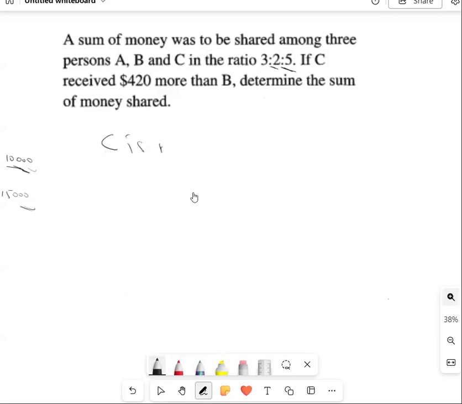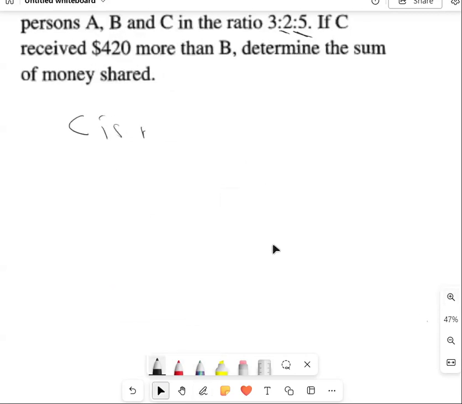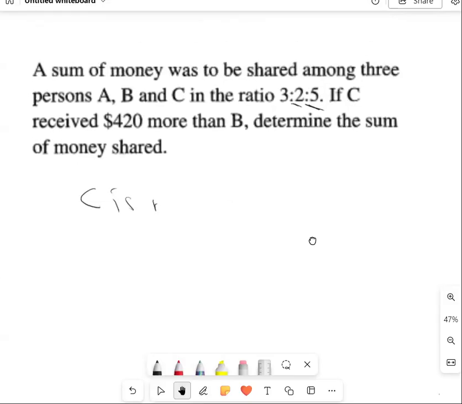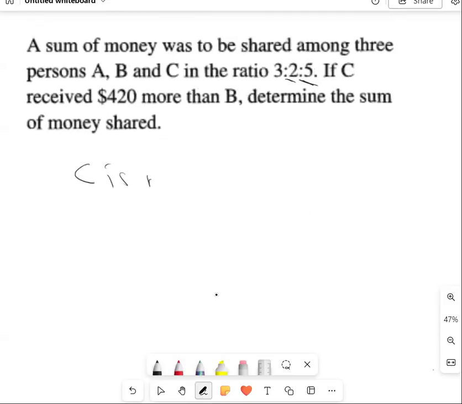So what we are seeing from the information, C is receiving 3 parts. I'm going to drop the word proportional parts. It's a long word to write out every time. C is receiving 3 parts more than B, right? So in other words, those 3 proportional parts correspond to 420.